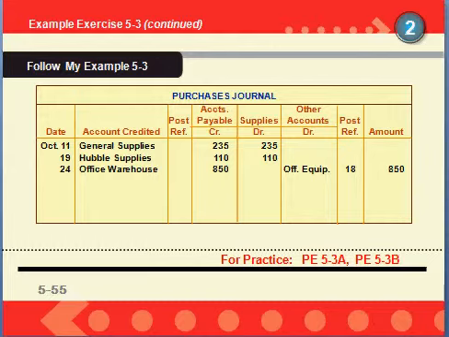The other ones, remember, we would post directly to the subsidiary ledgers on the date that it occurs and put check marks in the post reference column, and at the end of the month we total it up and have one debit to supplies and one credit to accounts payable for the total of our supply purchases for the month.